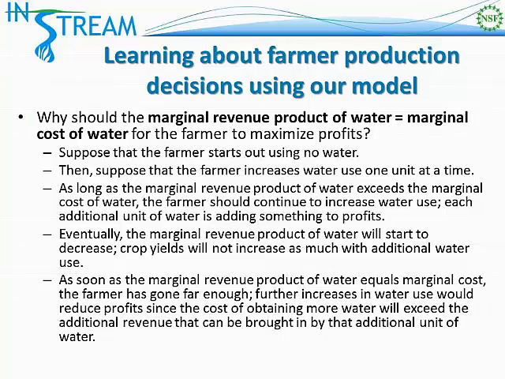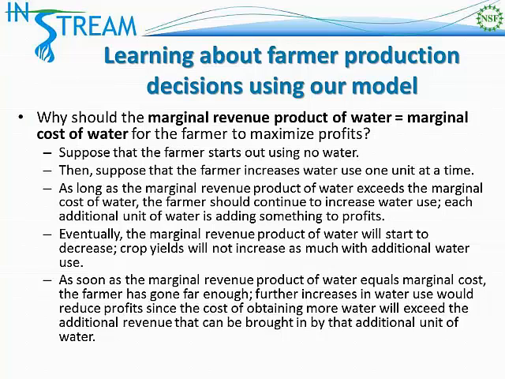But eventually, the marginal revenue product of water will start to decrease. Okay? You can add more and more water to your crops, but at a certain point they're not going to increase in yield anymore. And so as soon as you get to that point where an additional unit of water isn't going to increase your revenue very much, you want to stop using more water, right?